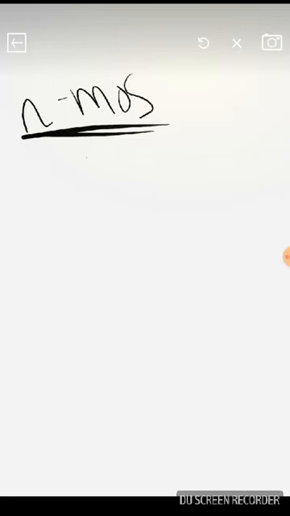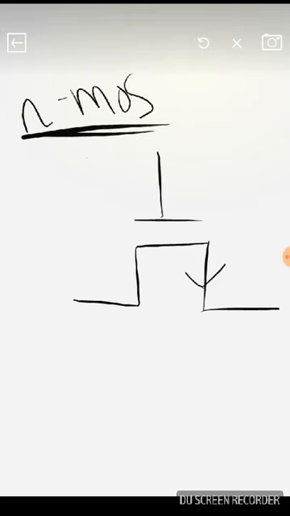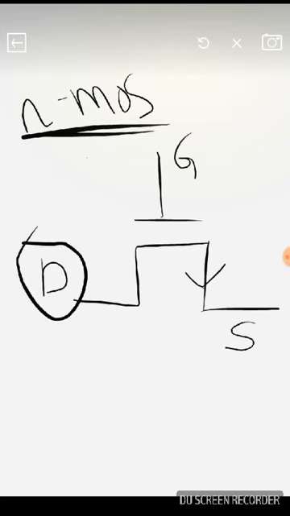So let us say that we are taking an NMOS. This is the MOS structure. Right. So what is the maximum value that we can give to this drain?